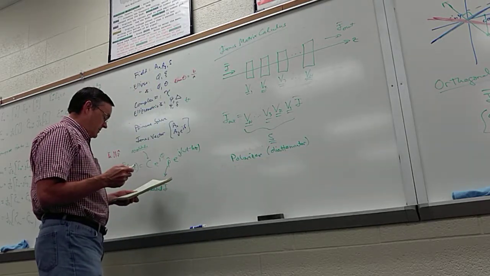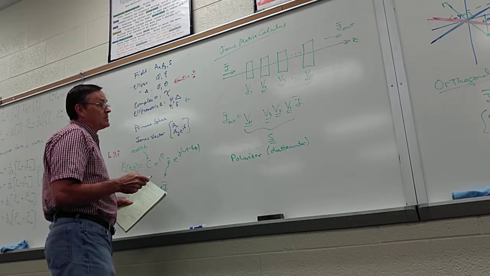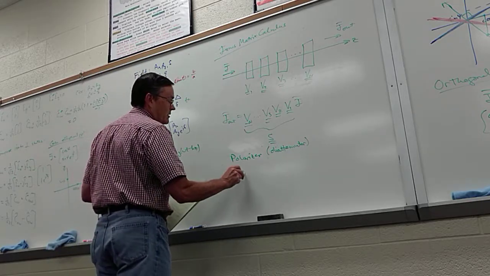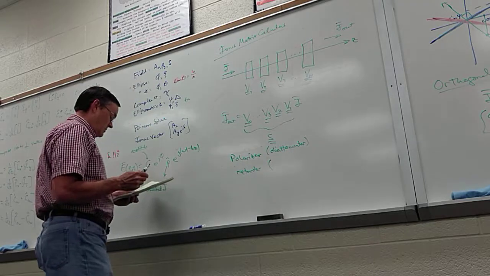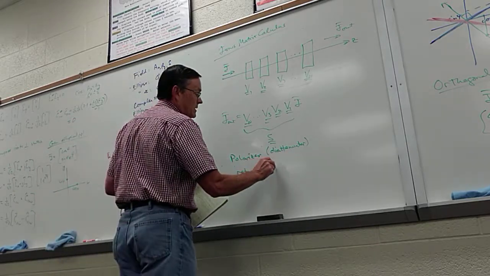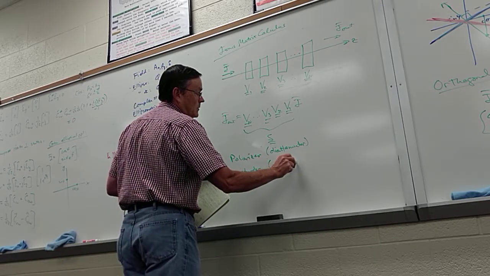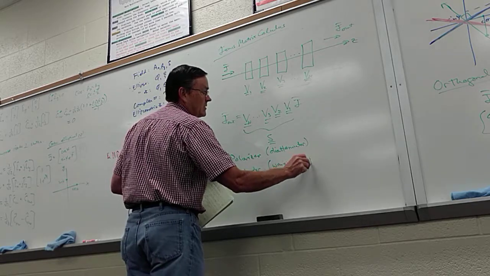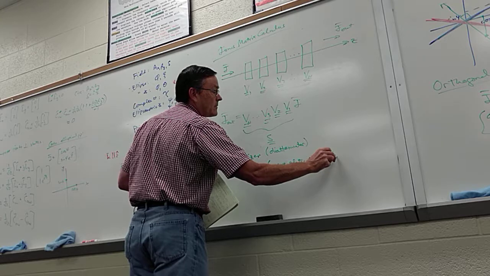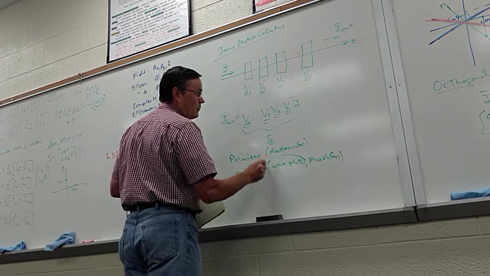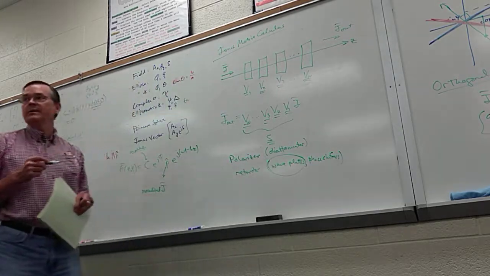Another thing that operates on polarization is a retarder, which are also called wave plates, and sometimes called phase shifters, though I don't like that terminology. We're going to use wave plates for the most part rather than retarders.